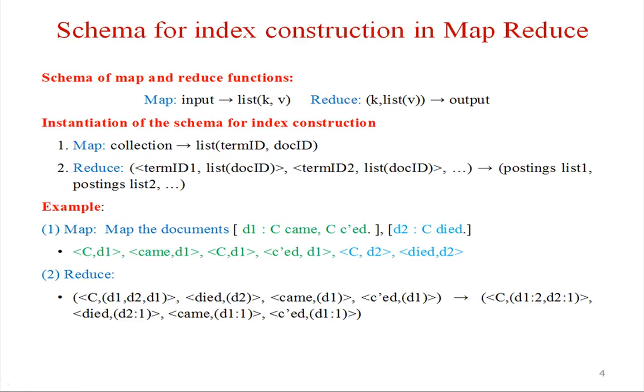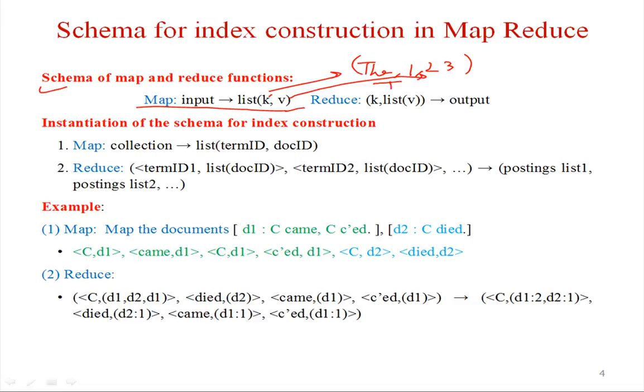Now the schema for index construction in MapReduce. I already discussed how we can prepare the different schemas for MapReduce. For example, the map function takes an input list of (k, v) pairs and the reduce function produces k into a list of v. Suppose we have entries with document ids 1, 2, 3, where k represents the term id and v represents the list of document ids.